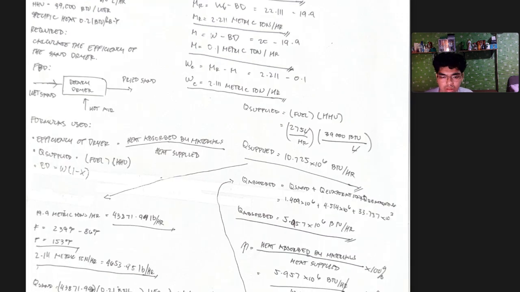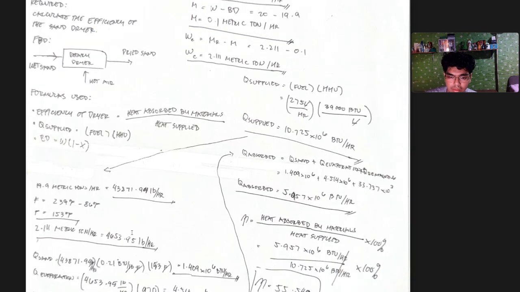So that is the conversions. We multiply by the conversion of tons to pounds, which is 2,204.642, to get 43,871.941 pounds per hour.